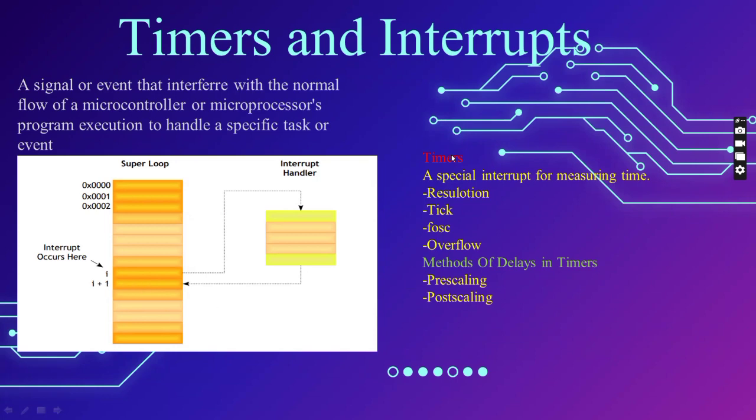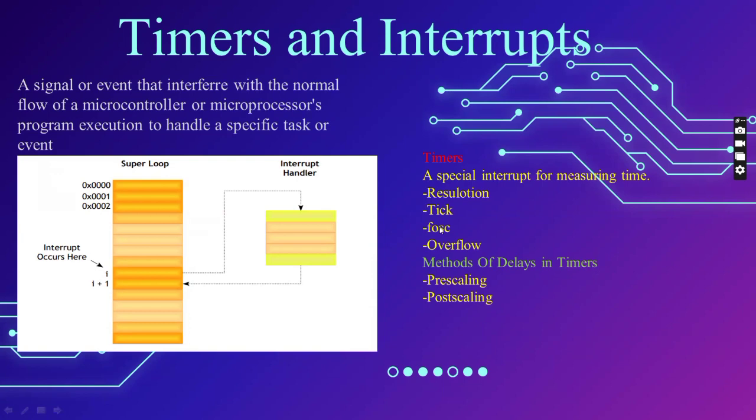Talking about timers, a timer is a special type of interrupt used for measuring time. We can talk about terms of timers like the resolution, that is the width of a timer. We have 8 bits for our projects. Our timer is 8 bits. And for an 8-bit timer, we have 255 ticks because it ranges from 0 to 2 raised to the power 8 minus 1.